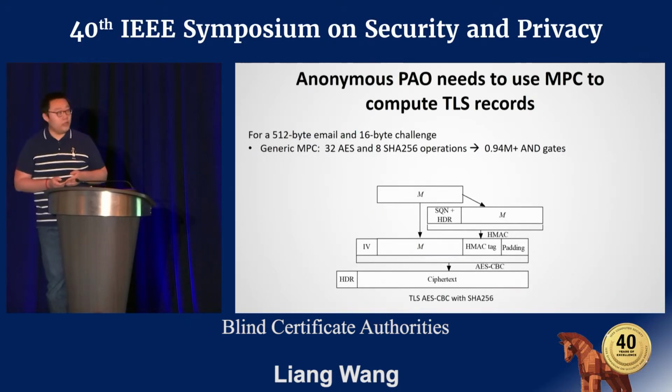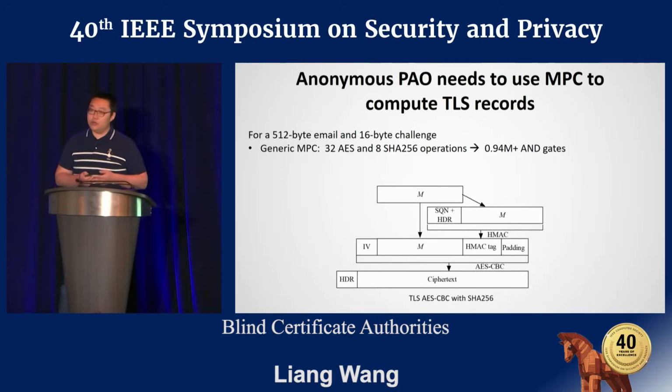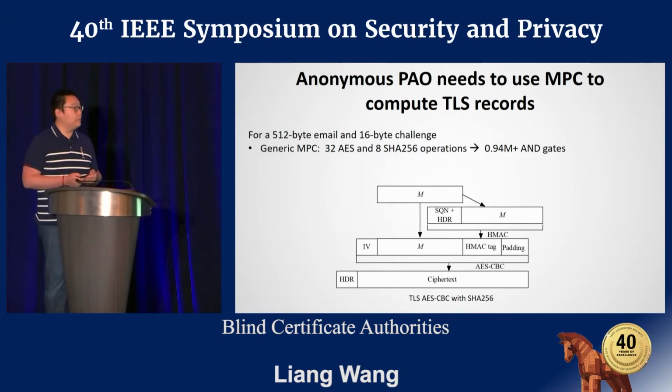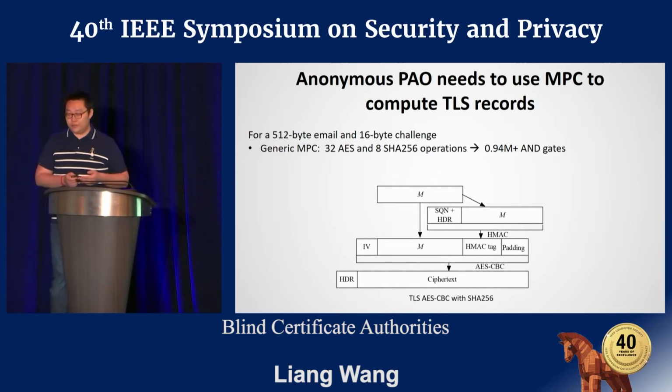And in anonymous POL, the user and the CA need to inject a challenge into a TLS session. And we focus on AES-CBC and SHA-256 in our talk. And we can see constructing a TLS record under this cipher suite is quite complex.